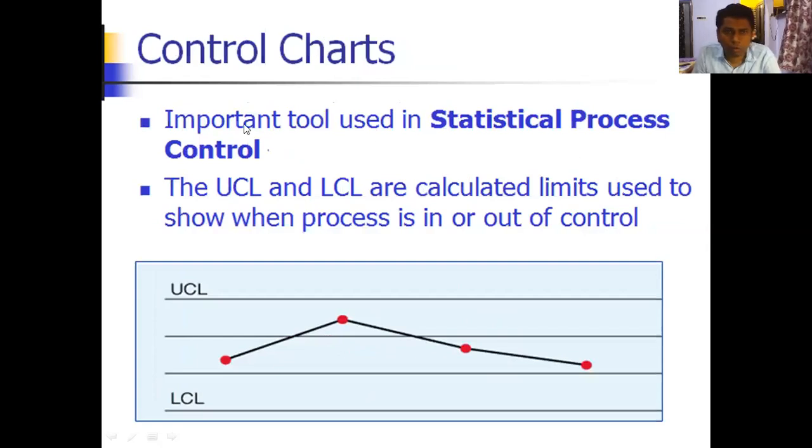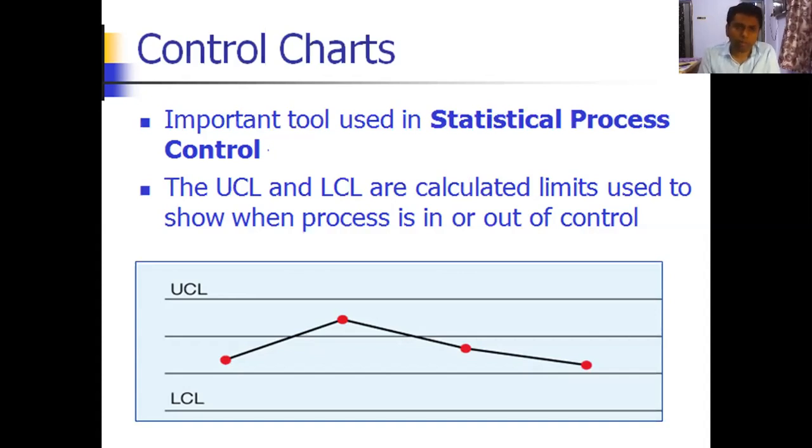So then the control chart. This is an important tool used in statistical process control. The UCL and LCL are calculated limits used to show when a process is in or out of control. So the control chart is a very common technique in statistical quality control, and it is widely used.